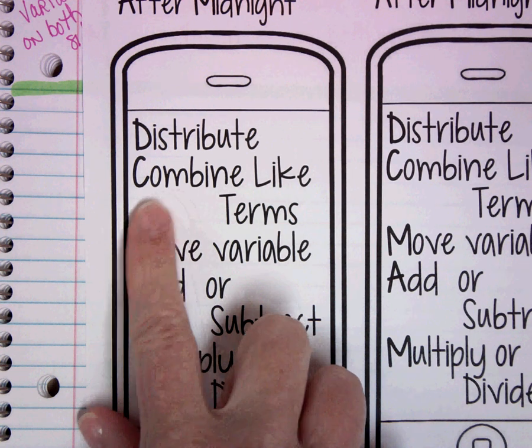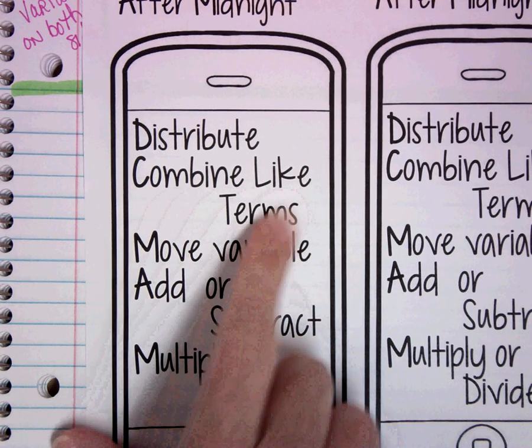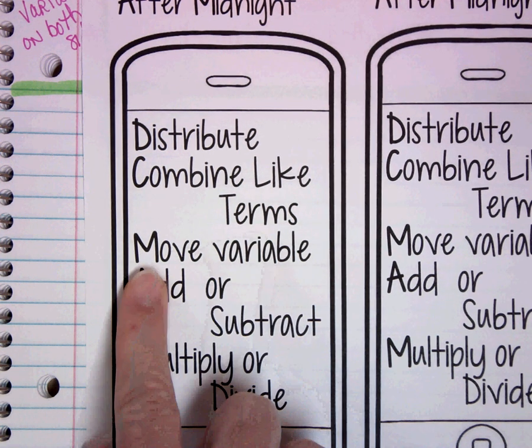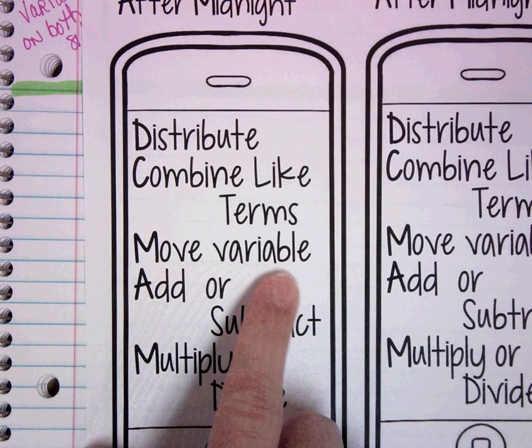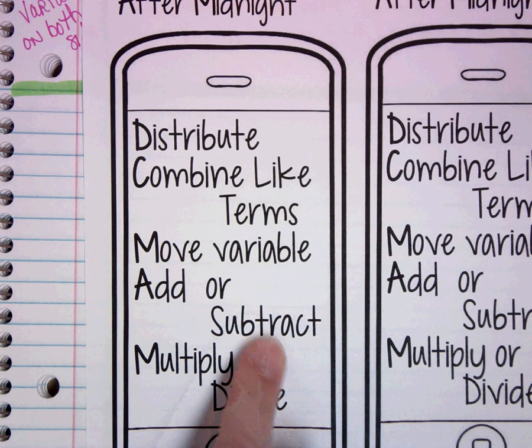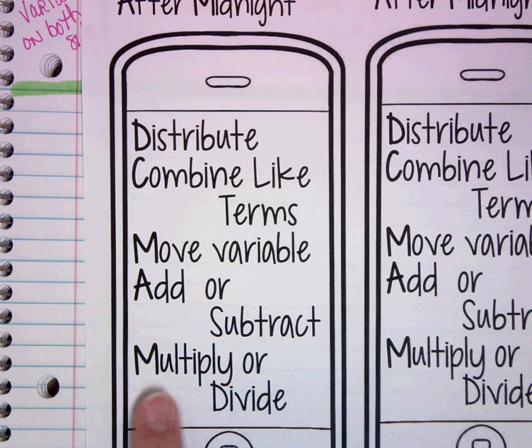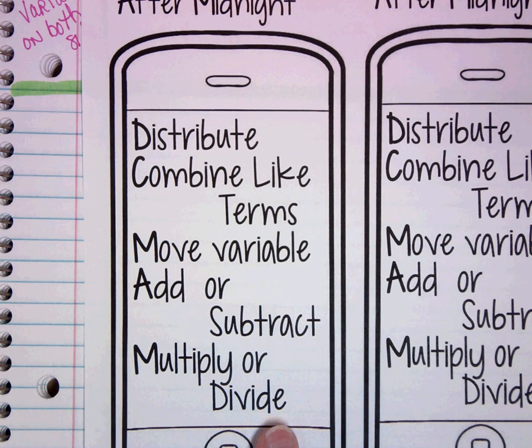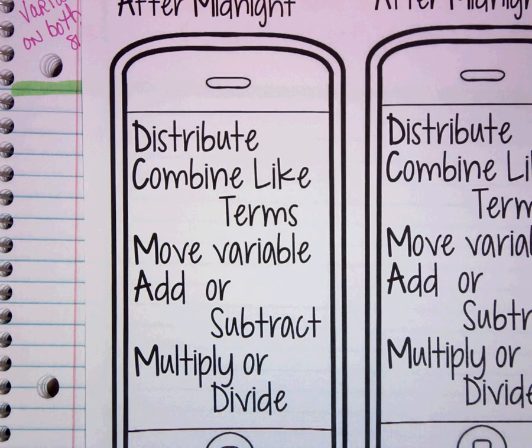Then we're going to always want to look for the C, combining like terms. Then we want to move our variables to the same side. And then we add or subtract the constant. And then we're going to multiply or divide to get the variable by itself. And so I think it'll make sense as we look through some of these problems.